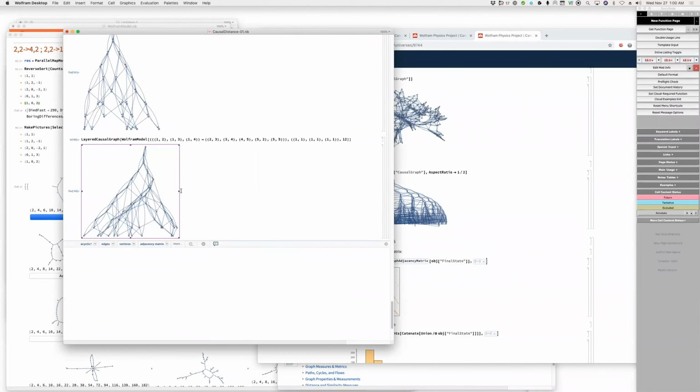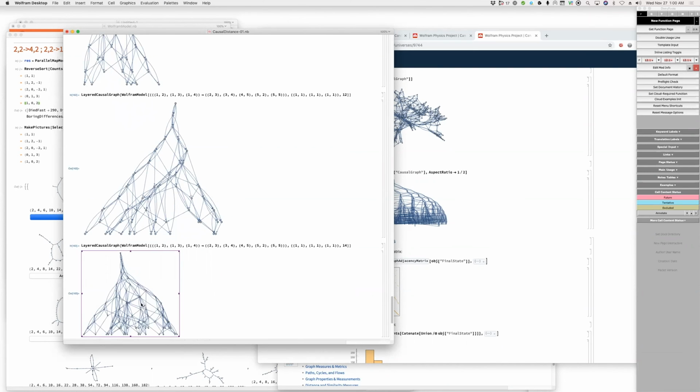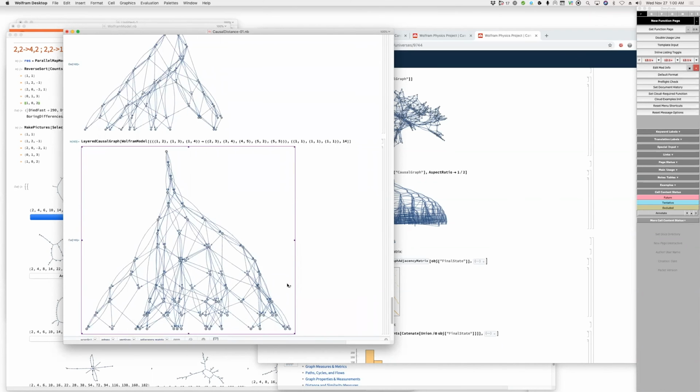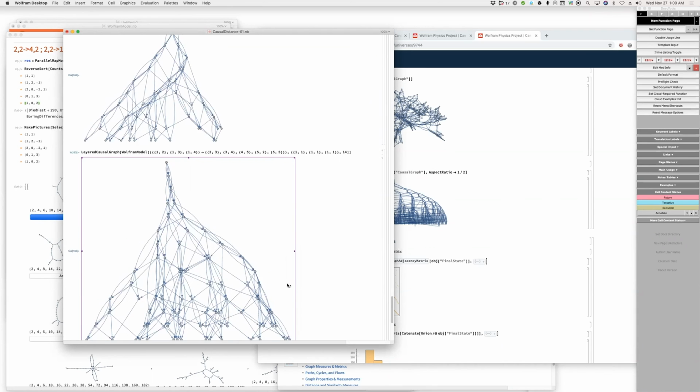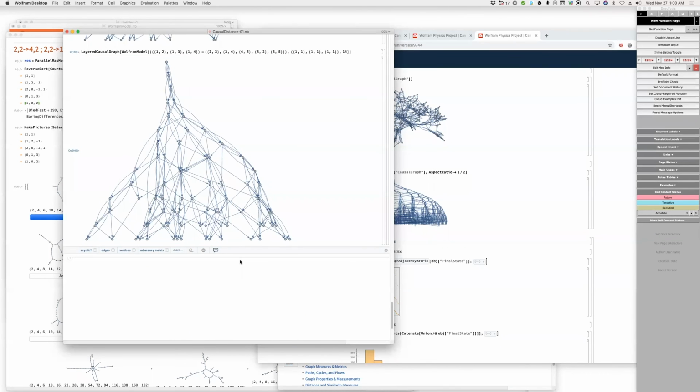I love the way that it forms these kind of ribbony things. What do you think those are? Those aren't particles, are they? I kind of wonder if this thing is largely uniform, but there are some regions that are much more connected, and those potentially interact with each other. And this is the space-time diagram, basically.